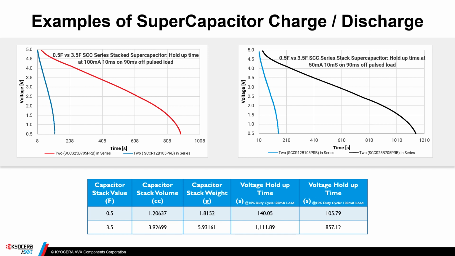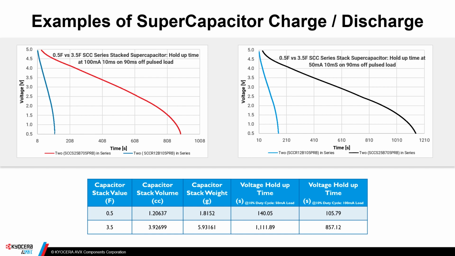Now, this is actually just a discharge curve. The blue curve is showing that we have a 0.5 farad stack. It's been charged to 5 volts, and when we discharge it at a particular duty cycle and load, this is the amount of time we can achieve that voltage level. And likewise, you could see it for the larger 3.5 farad part.